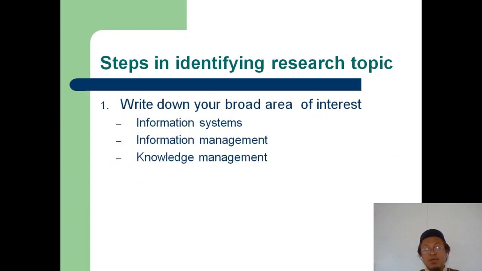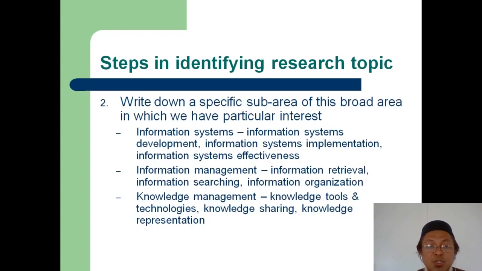Alright, I'm giving you an example here. The first step that I mentioned just now is that you have to write down your broad area of interest. Like the example here, this is quite broad: information systems, information management, or knowledge management. So this is considered very broad. And then the next step is to write down specific sub areas of this broad area in which we have particular interest.